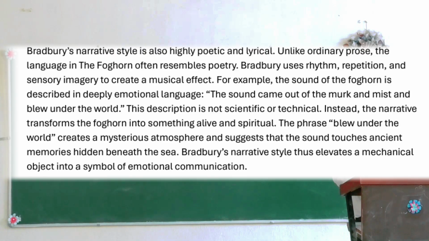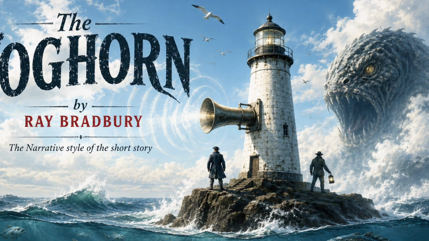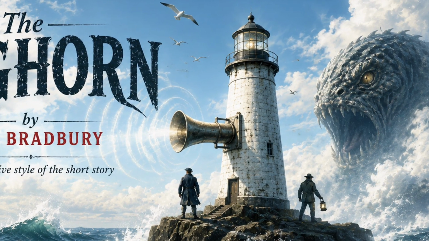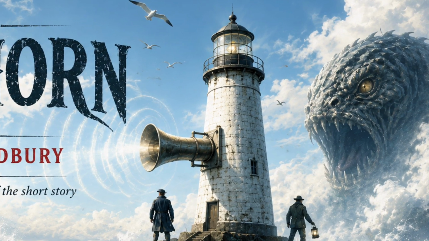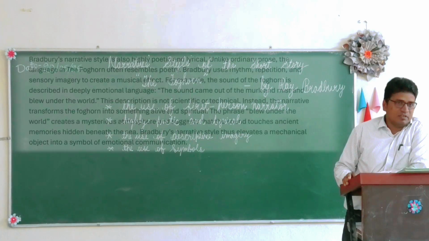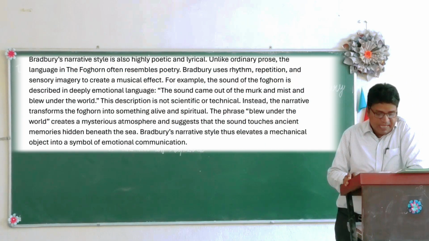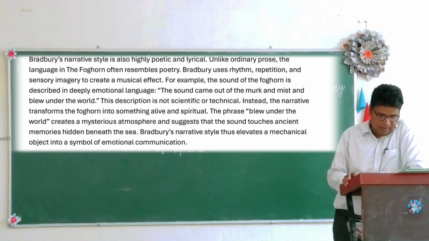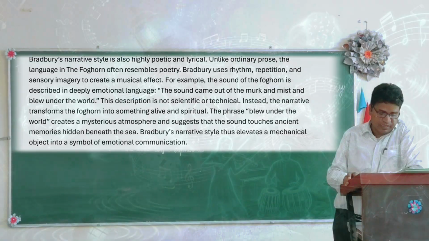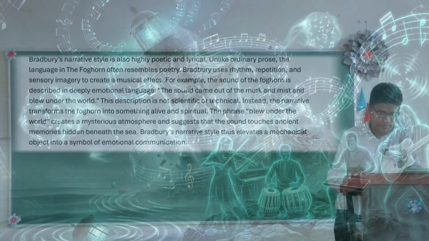Unlike ordinary prose, the language in The Foghorn often resembles poetry. When you read, you may feel as if you are reading a poem. So Bradbury uses rhythm, repetition, and sensory imagery to create a musical effect.